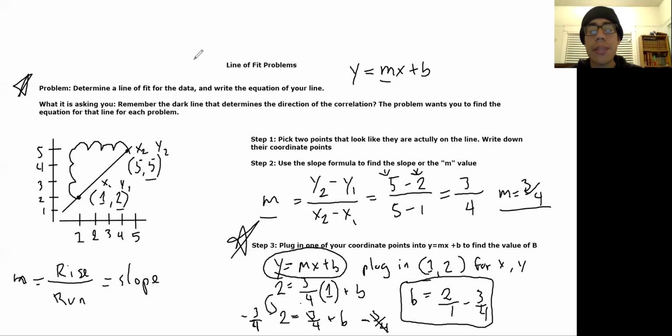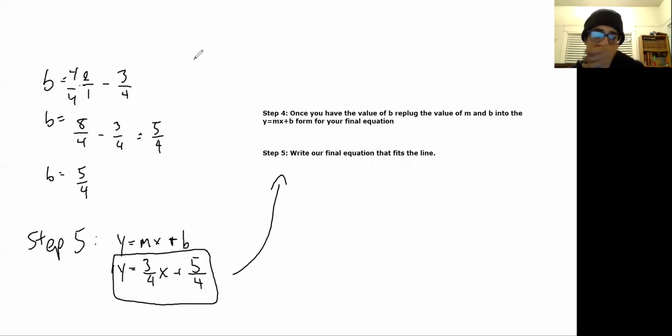But b is equal to 2 over 1 minus 3 over 4. When we're subtracting fractions, we need to have the same denominator, which is why the 2 over 1, I'm going to multiply by 4 over 4. The reason is because I want them to have the same denominator, and I don't want to change the value. 2 over 1 times 4 over 4. 4 divided by 4 is just 1.